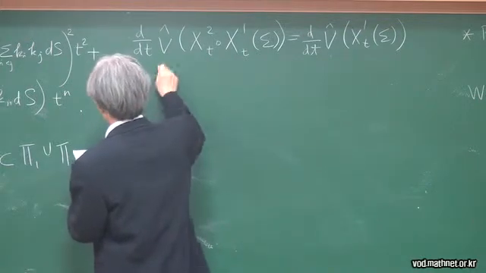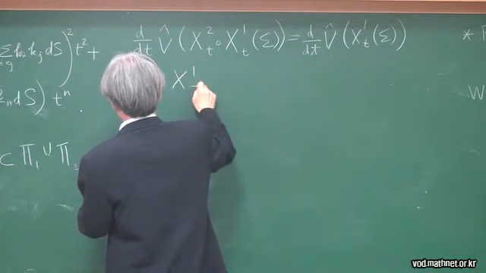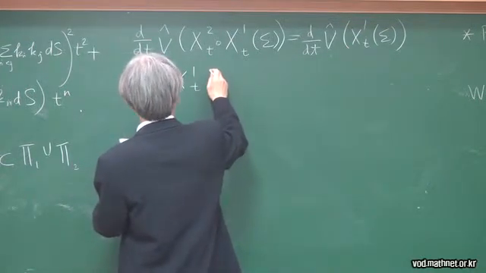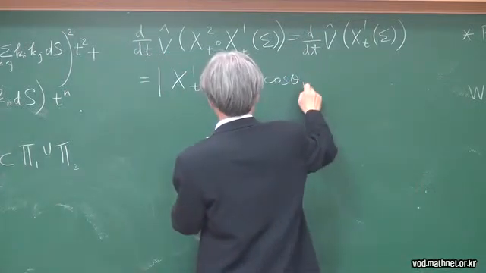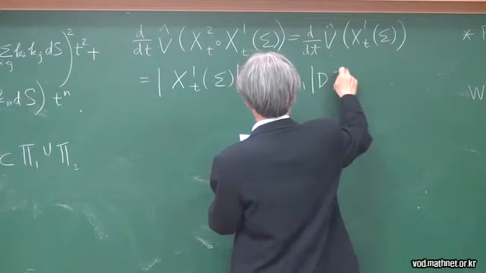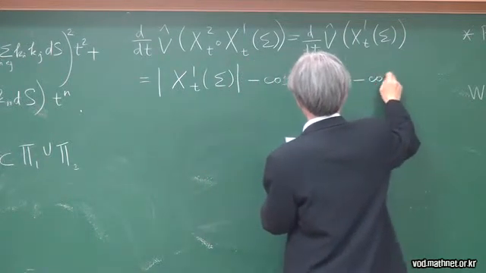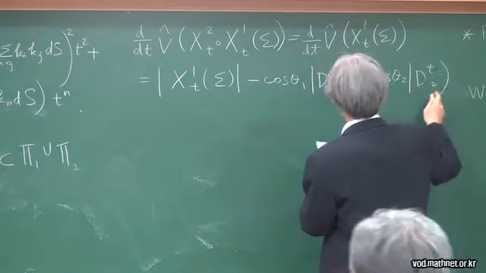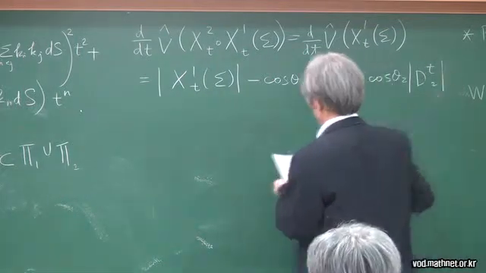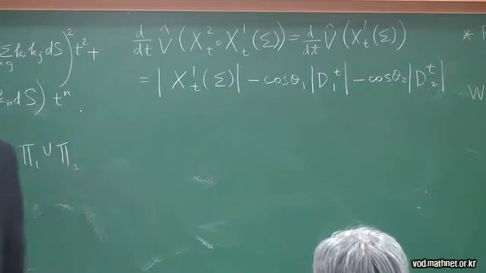But we heard that by the variational property of the capillary surface, the derivative of this enclosed volume is equal to the area of x1t(sigma) minus cosine theta 1 the area of D1t minus cosine theta 2 the area of D2t. Note this.